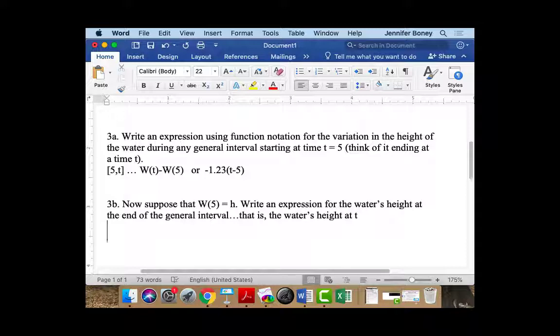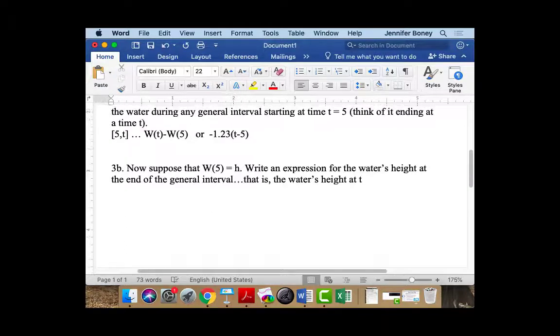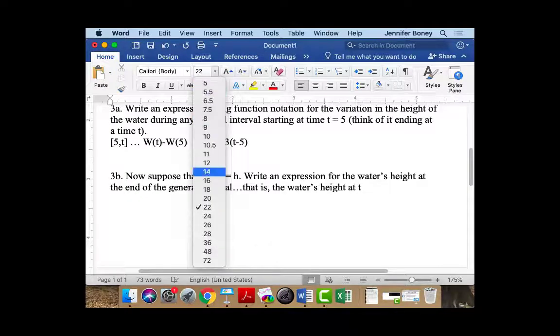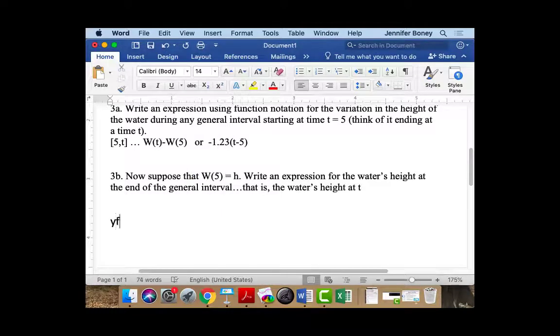I'd like to know the height at the end. No, as in I have an expression for it. But if I want to know y final, ooh, let me go back from here so I'm not typing in huge letters. I guess I will change it manually. I'll just do this kind of quickly. Y final is y initial plus m dx. So if I'm thinking of what we just had above, oh, y final is what I want, the height at the end of the general interval, W capital.